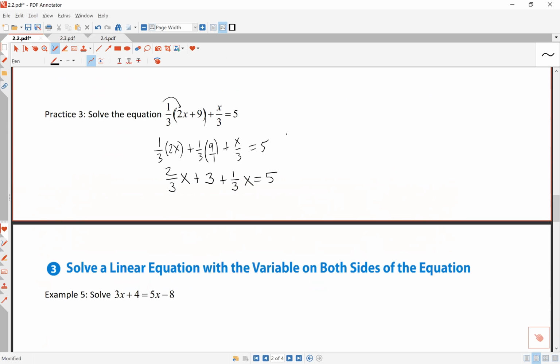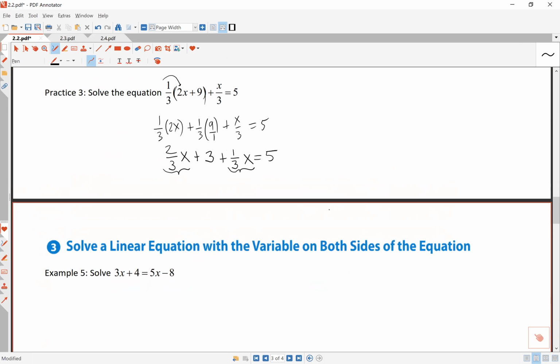On the left side, we have these two terms that are like each other. 2/3 x plus 1/3 x. When we have like terms, we add the numbers in front. 2/3 plus 1/3 is 3/3, or 1.